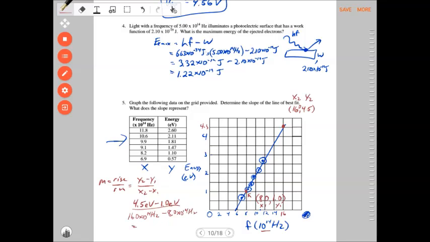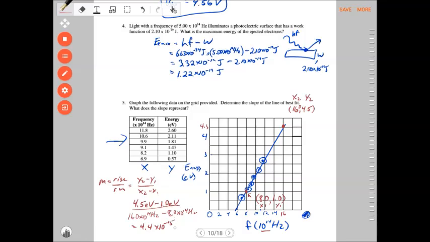Awesome. Using brackets, so 4.5 electron volts minus 1, divided by 16.0 times 10 to the 14th minus 8 times 10 to the 14th. When we type that in, we get 2 sig digs, so 4.4 times 10 to the negative 15.